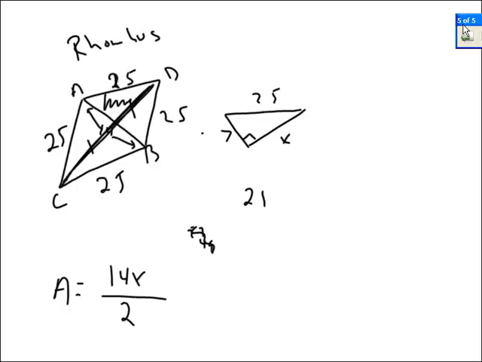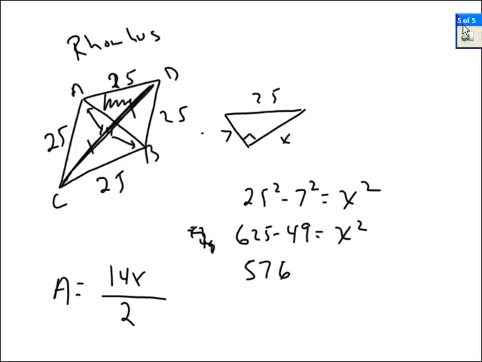So 25 squared minus 7 squared is x squared. 625 minus 49 is x squared. That is 576 is x squared. And maybe that's 28 squared. Well, that makes no sense.